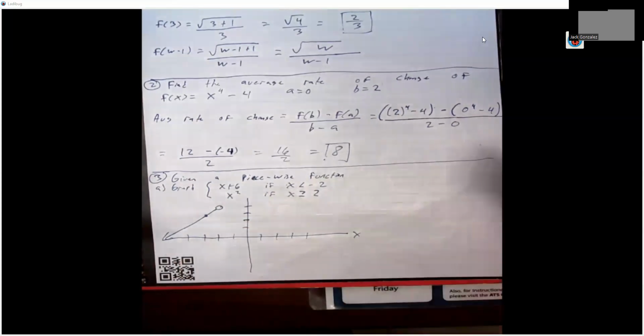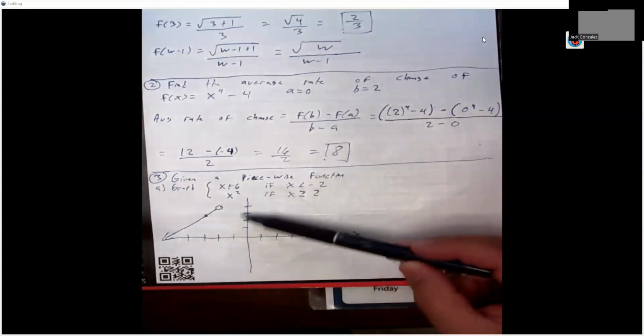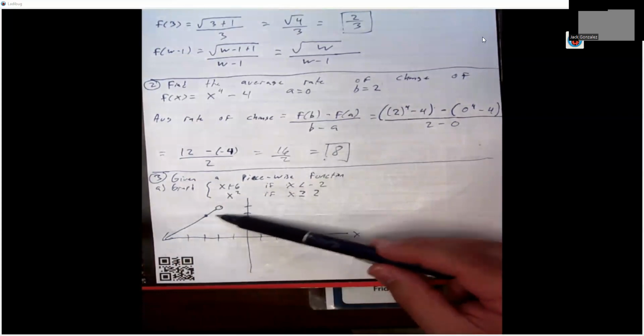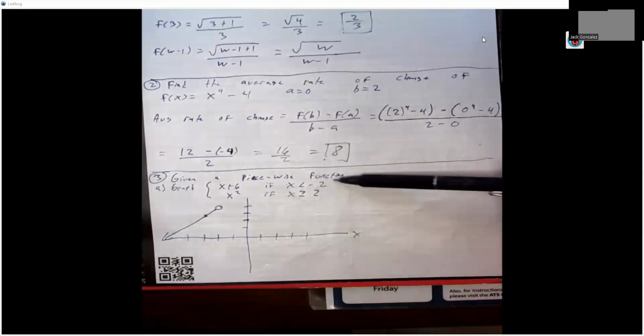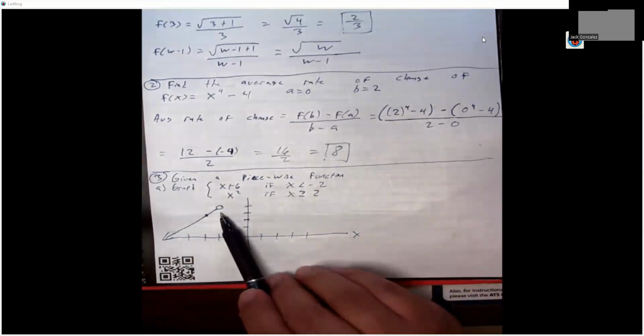Are you comfortable plotting these values? I didn't show that step here. Do you see where I got these points? X is chosen by you. You choose whatever you want. Of course, you need to work around the boundary, so that's your starting point. So you can't use -2. I can't. That's why I put a hole. But if I could, it would be 4, right?